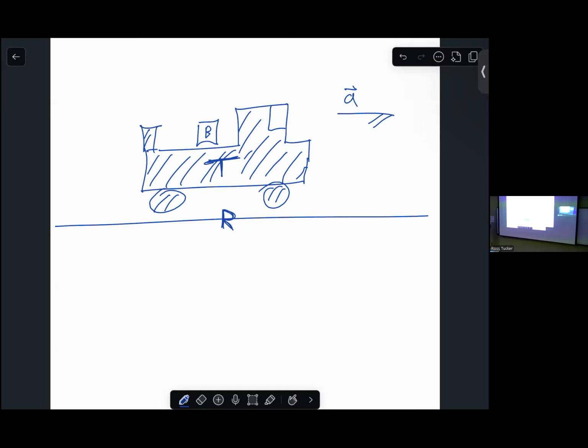I said there are two kinds of friction that a surface can exert. Static friction, kinetic friction. Either one or the other at any given time. For instance, if I pull this slowly, the paper is exerting static friction on the wallet. They're not sliding over each other. If I pull this fast enough, the paper is moving under the wallet, sliding.